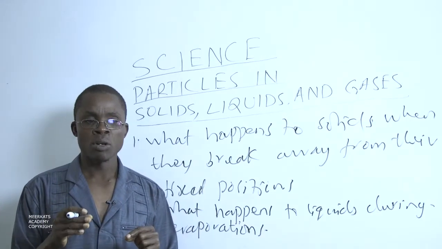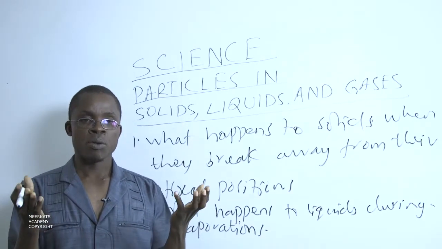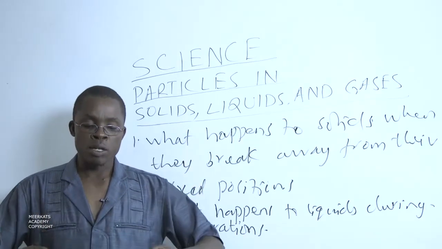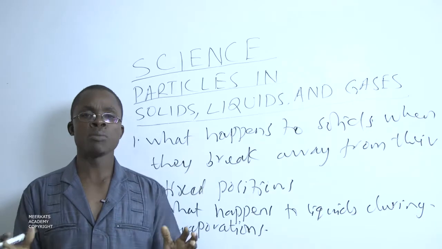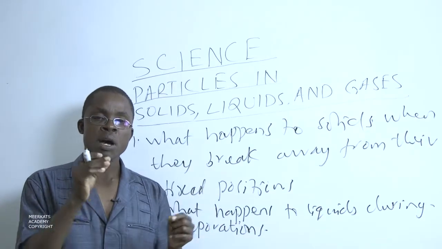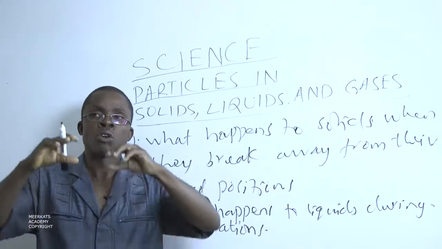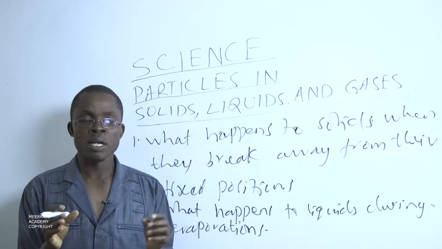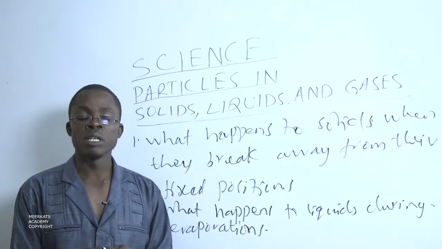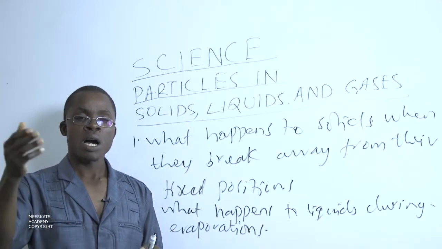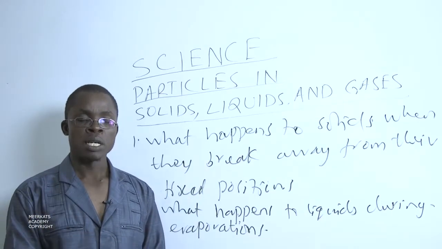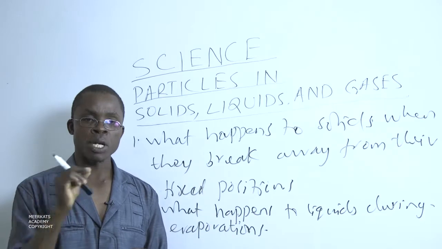And by doing so, they escape, because the forces holding the particles together as a liquid have been broken. Being broken and free, now the particle is free to go away. And that's why, during evaporation, you will see vapor coming out of that container where you are heating the liquid. The forces have been broken.